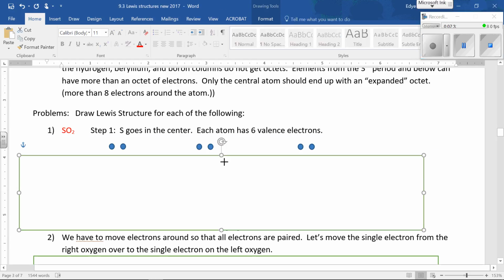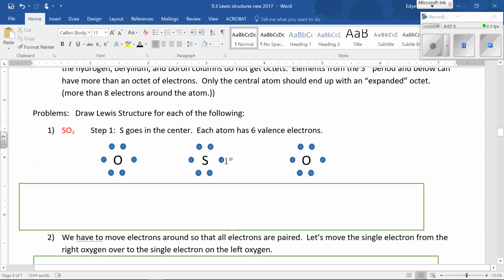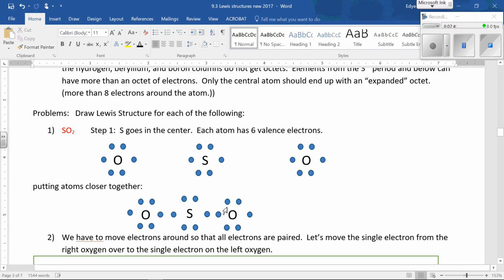So each of those has 6 valence electrons, and you would fill them in 1, 2, 3, 4, 5, 6. Doesn't matter what order you fill these in as long as you put 1 electron on each side and then start pairing them up. I'm going to move these closer together so you can see this. These 2 electrons right here would be called a bond. You're showing that there's a bond forming here, there's a bond forming here.